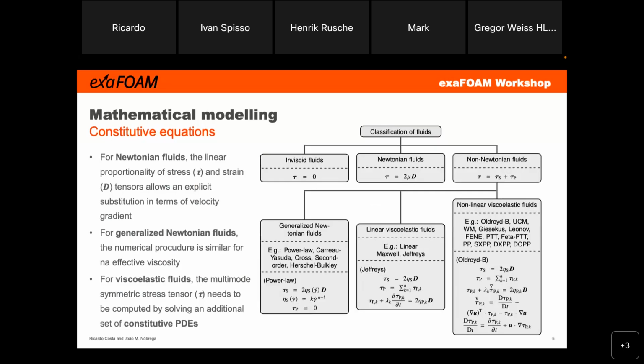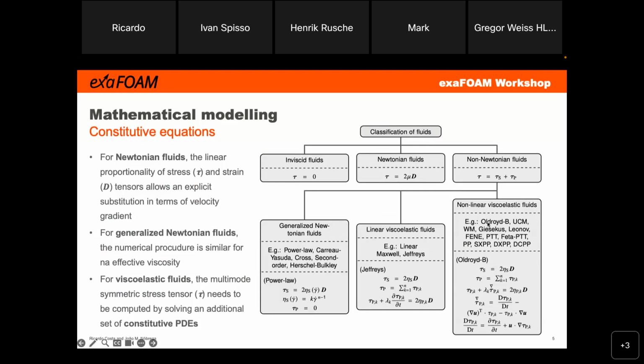So when it comes to the rheological modeling of the fluid, we can classify it in three categories. We can assume that the fluid has no internal stress and it's an inviscid fluid, and for us it's not the case, and it's not interesting to analyze.